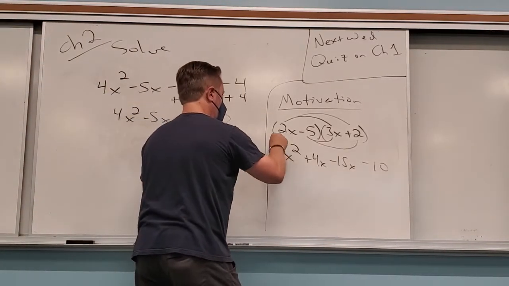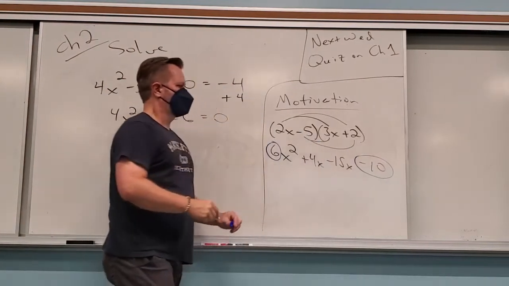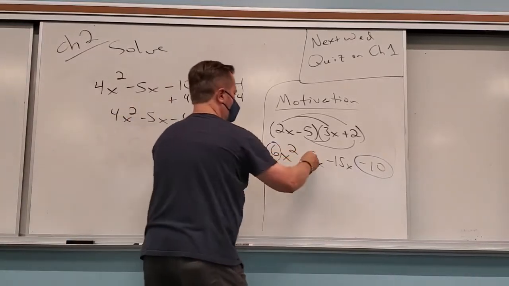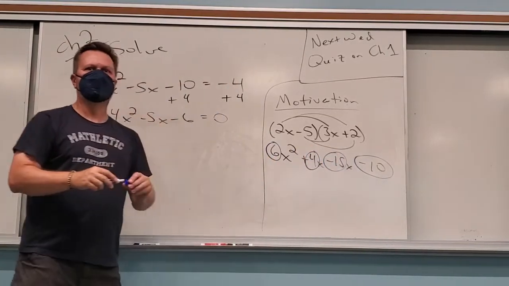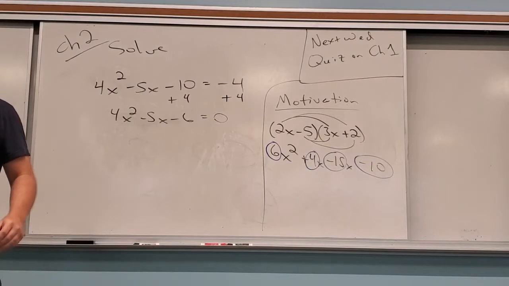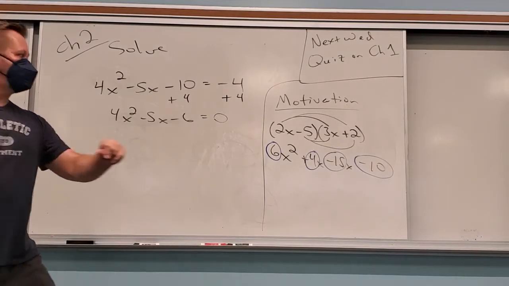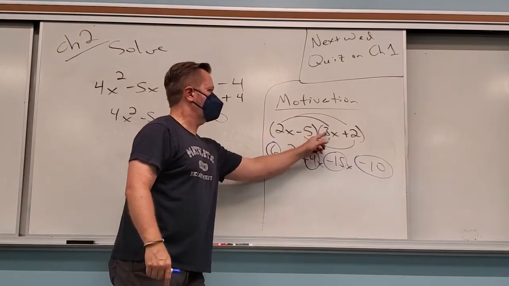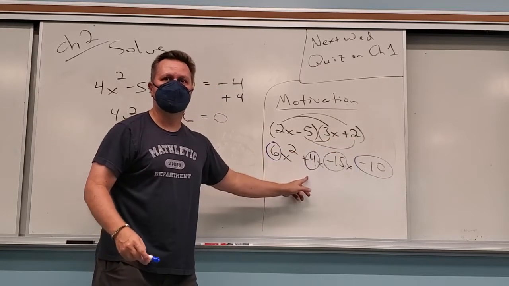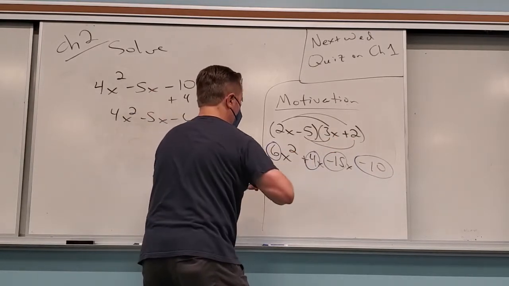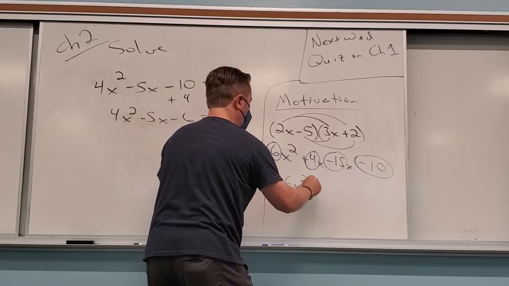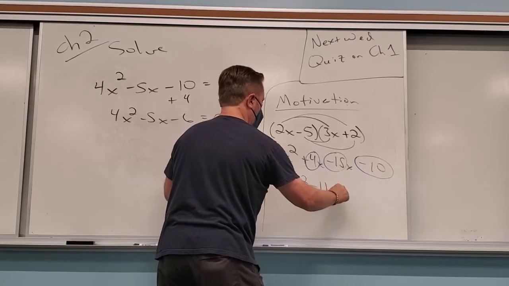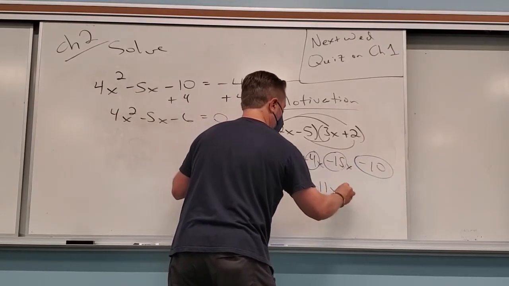What is 6 times negative 10? Negative 60. What is 4 times negative 15? Negative 60. If anything, I could put any numbers here and that would have happened. So what I'm saying is, this is why this process makes sense.